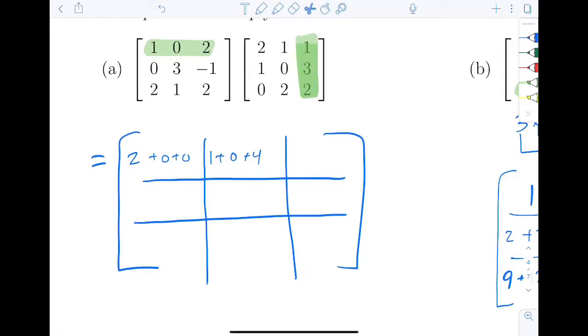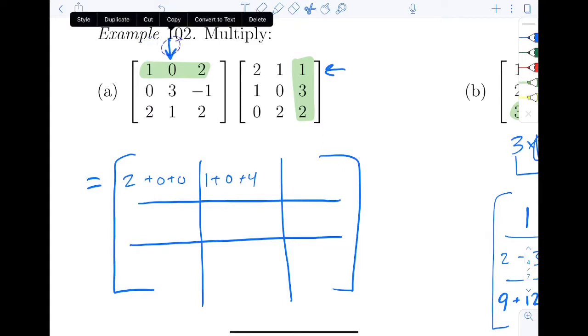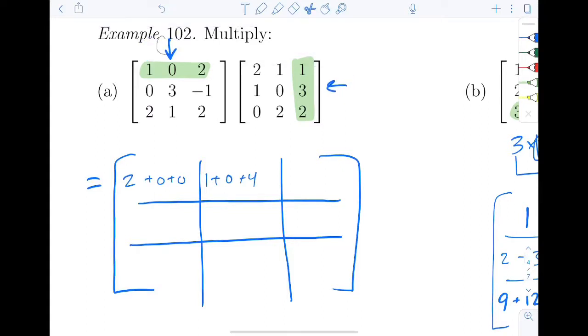Move over one more. This kind of helps if you can point to both of these at the same time. I don't have fingers here, but what I do is point to this with one hand and point to this with the other hand, and slowly move that and that and that and that, and sort of tap them at the same time.